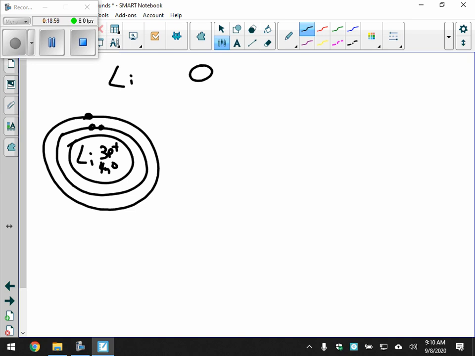Okay. Now, of course, if it could get rid of this 1 electron right here, it would love to become more stable. But again, if you just have lithium, chances of that happening aren't good because there's nowhere for that electron to go, right? So along comes oxygen. 8 protons, what, 8 jimmies?